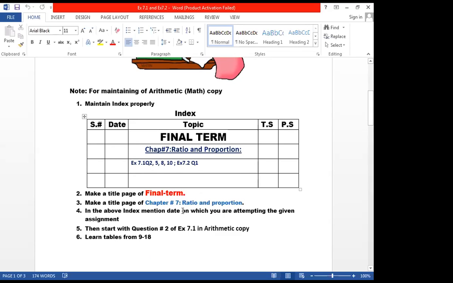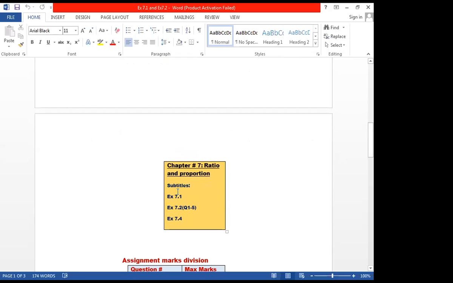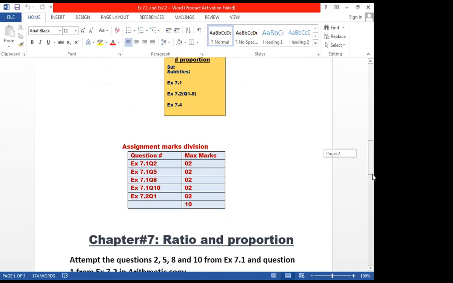Okay, what you have to do, you have to make the title page of final term first. Please maintain the proper index, then make the title page of final term, then make the title page of chapter number 7, ratio and proportion. And how can you make the title page? Like this. Please write down the subtitles also. Okay, then you can attempt the assignment in this way.